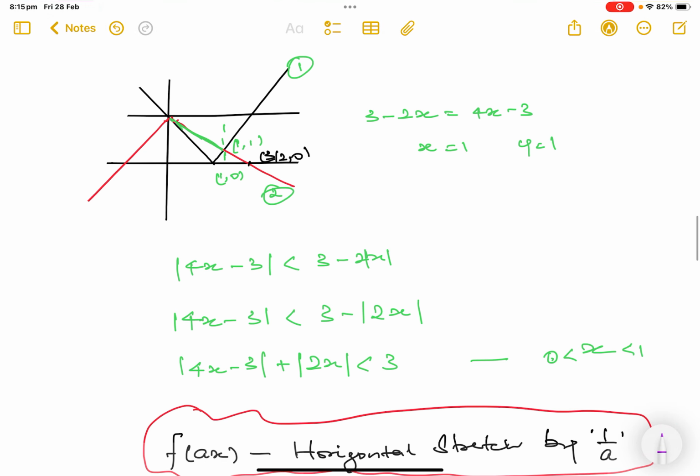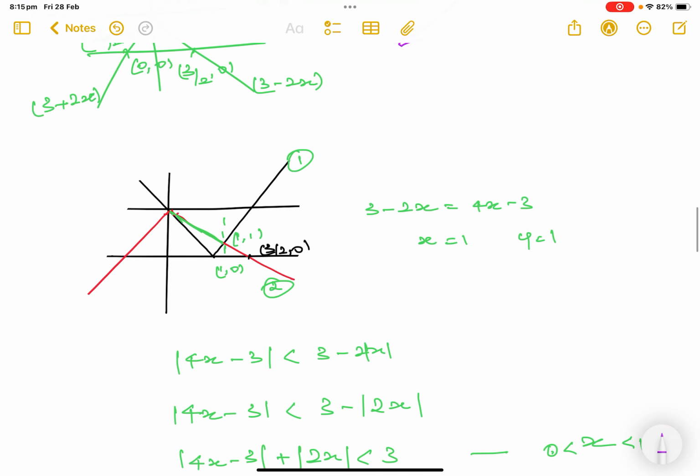Let's see that. I just took that part which we explained, here is the green line. That is where the line is greater than the black, 4x minus 3. I just found the values for x and the intersect values x1, y1.